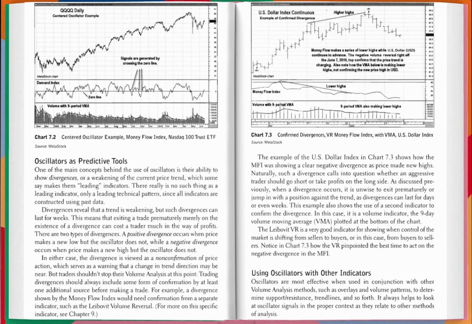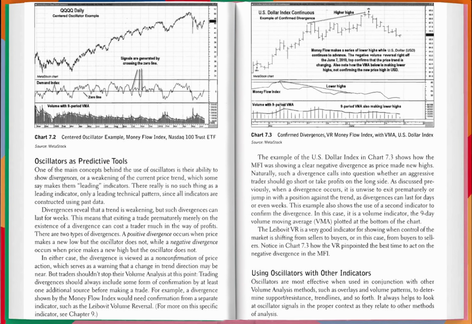Naturally, such a divergence calls into question whether an aggressive trader should go short or take profits on the long side. As discussed previously, when a divergence occurs, it is unwise to exit prematurely or jump in with a position against the trend, as divergences can last for days or even weeks. This example also shows the use of a second indicator to confirm the divergence.